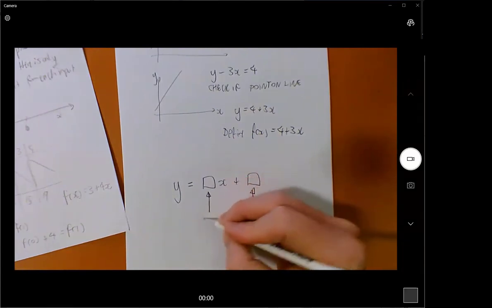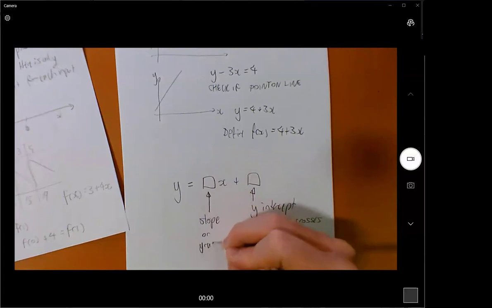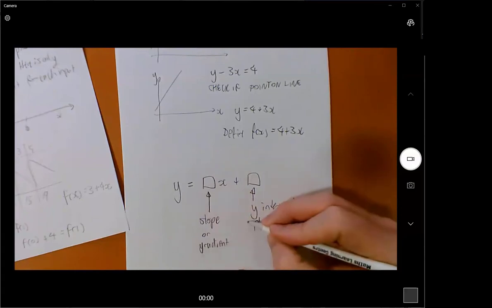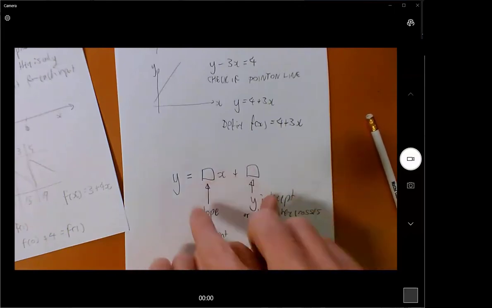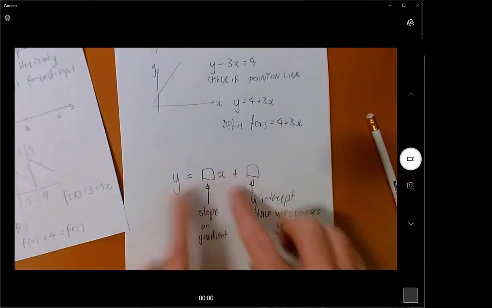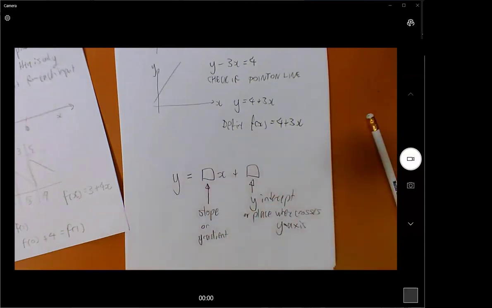And this thing is the slope. Some people call it the gradient. And it doesn't matter which way around we write these. As I said, it's the number attached to the x that is the slope or the gradient, and the number that's not is the y-intercept.